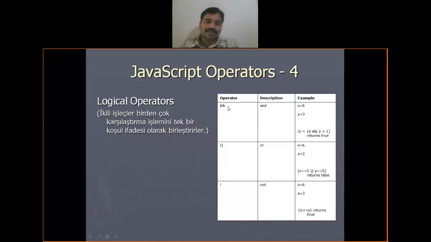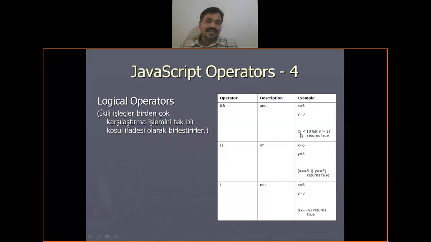Operator is nothing but when we can compare the two variables' values, you can use and. If you want to check or and not, same like what result will display on the basis of both the expressions. In this case I use, as an example, x equal to 6, y equal to 3.